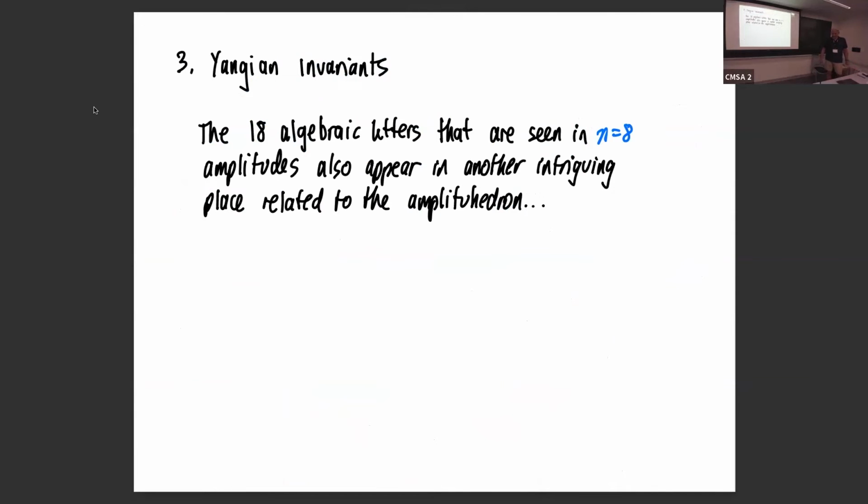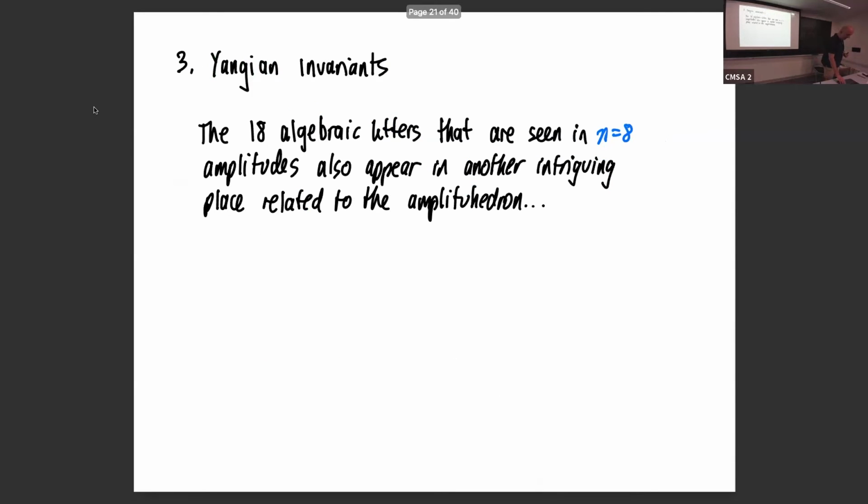So actually, it was really spectacular because during the course of this work, we realized many years after the fact that these 18 algebraic letters were already there in the book, in Yaroslav's book on the positive Grassmannian.